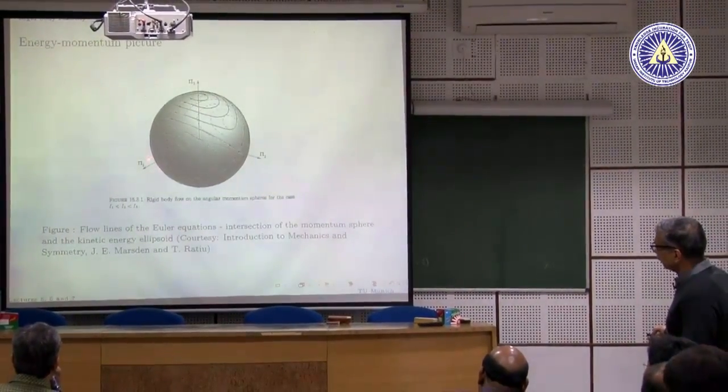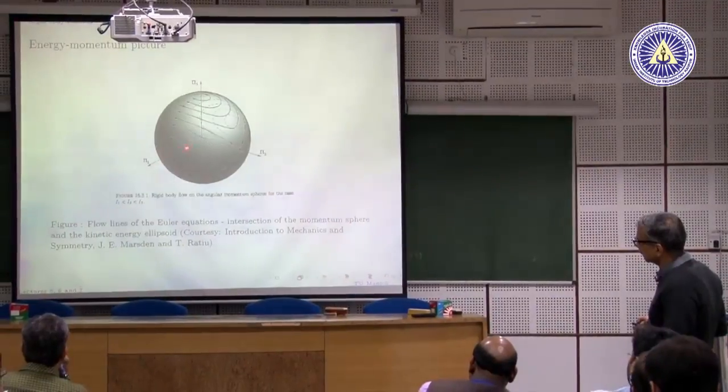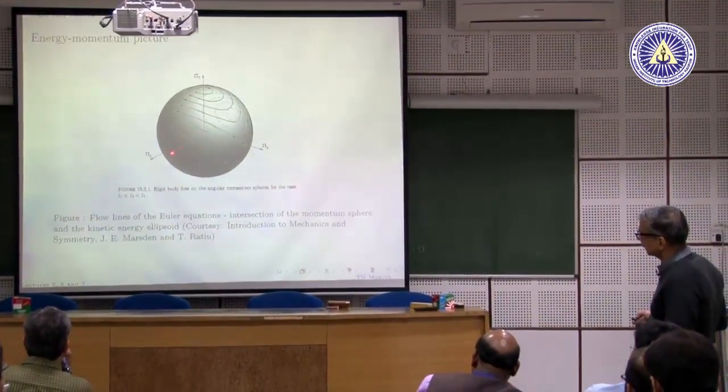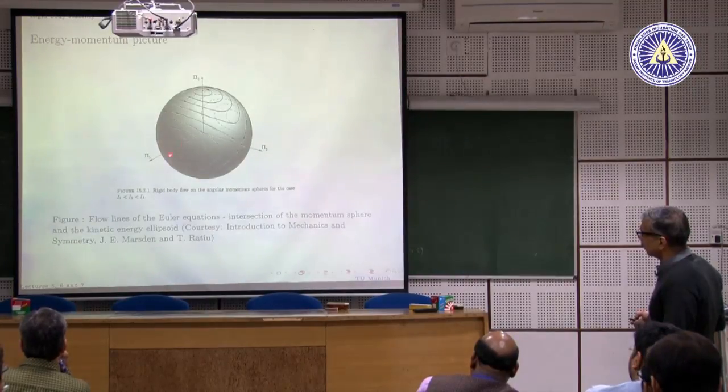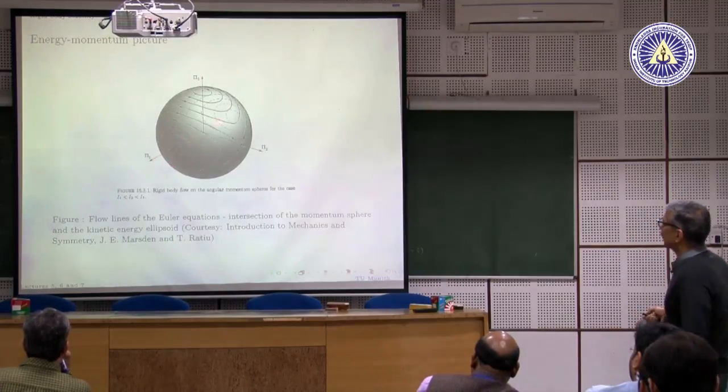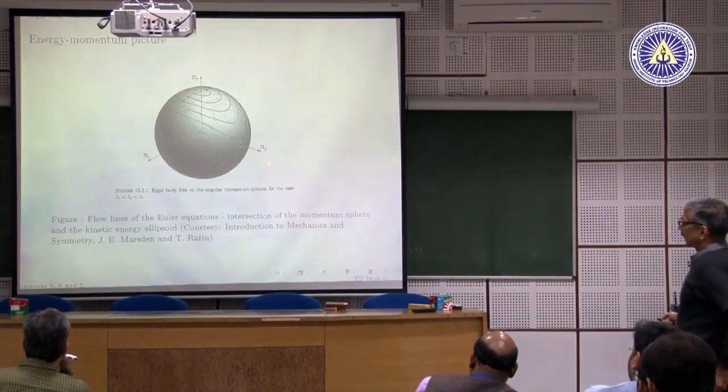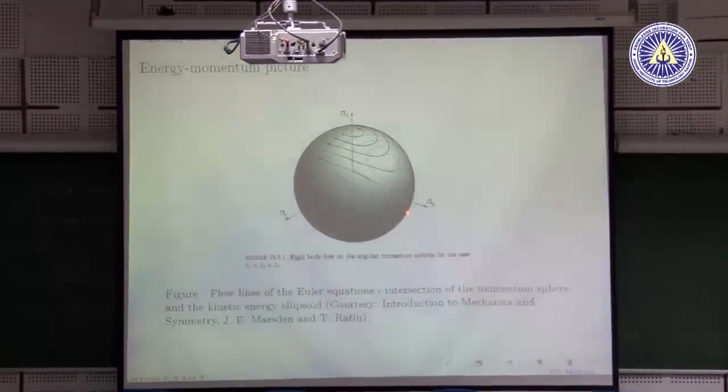Look at this, the smallest inertia axis. If you get perturbed here, you will stay circling close to this. You recall Lyapunov stability, right? Now, come to the intermediate axis.